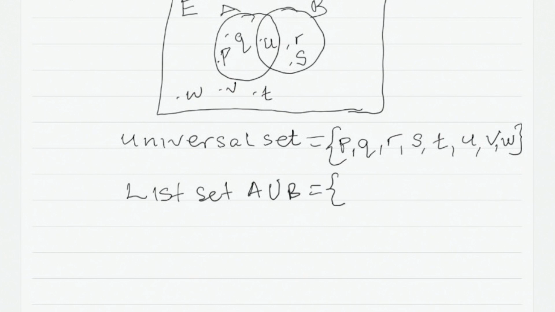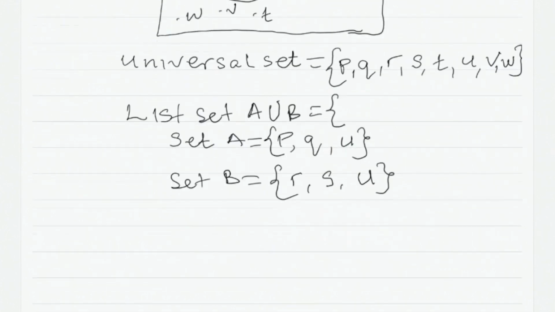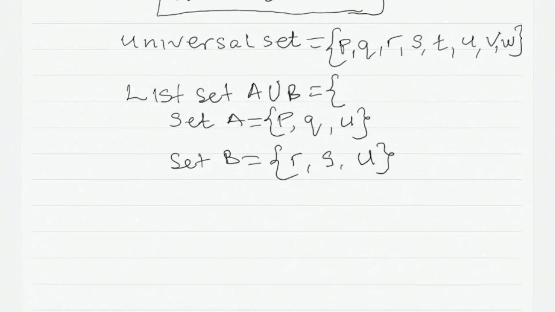Set A, these are the members. That is P, Q, U. Set B, these are the members R, S, and U. So now, the union set here means members of set A and members of set B combined together.